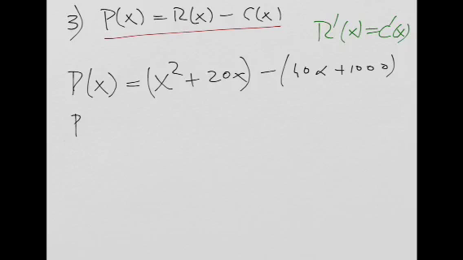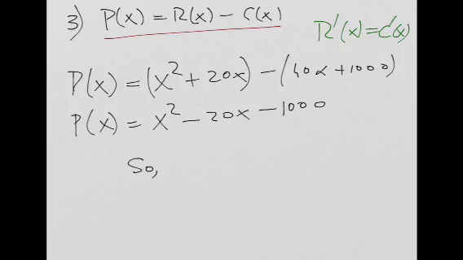Yeah, so the profit is going to become x squared plus 20x minus 40x, right, minus 20x, and this negative is going to distribute, so it's going to be minus 1000, right? So the profit is x squared minus 20x minus 1000.